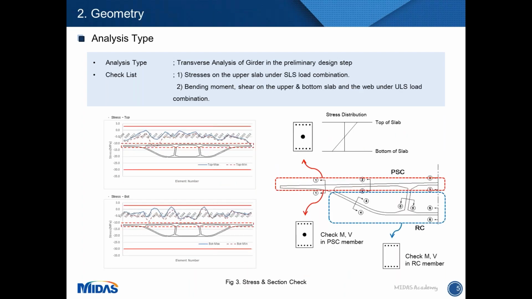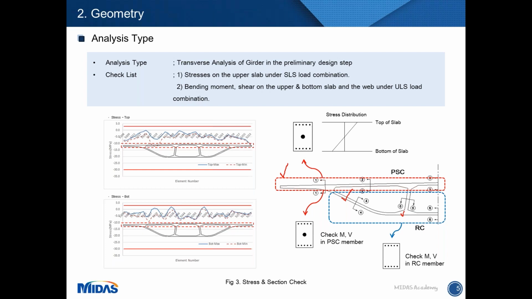In order to check several components, analysis results are checked under serviceability limit state and ultimate limit state load combinations. These figures are examples of SLS and ULS checking. Look at the right figure. I took the sections from the upper slab, webs, and bottom slab. As you can see, all sections were taken as rectangular sections in the transverse direction.